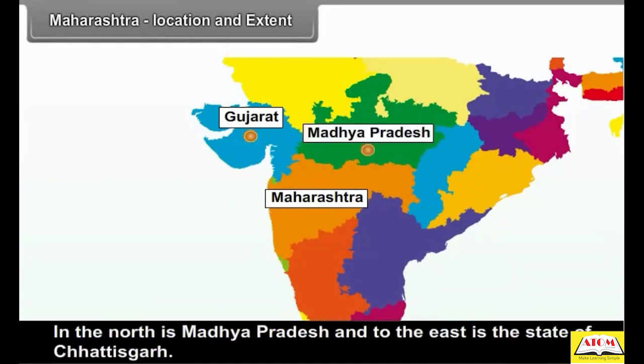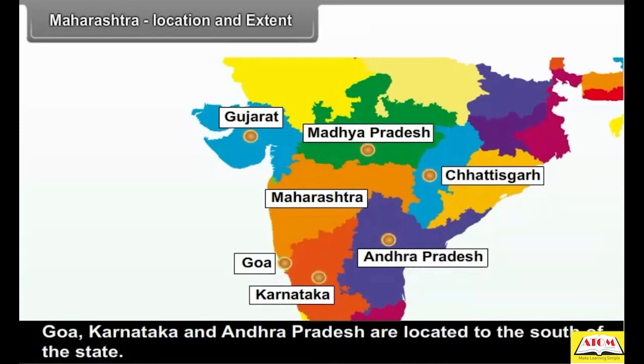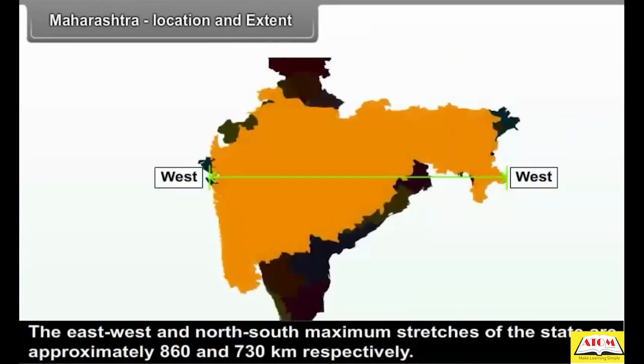In the north is Madhya Pradesh and to the east is the state of Chhattisgarh. Goa, Karnataka and Andhra Pradesh are located to the south of the state. The east-west and north-south maximum stretches of the state are approximately 860 and 730 kilometers respectively.